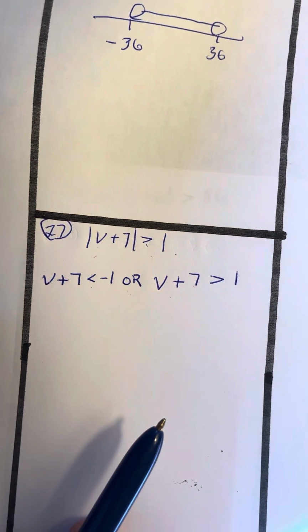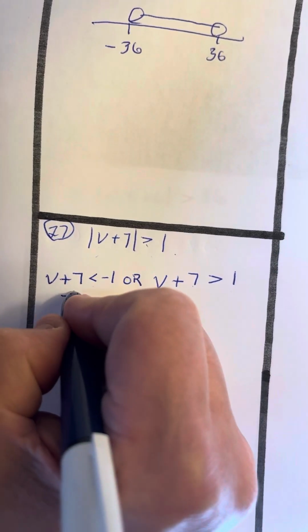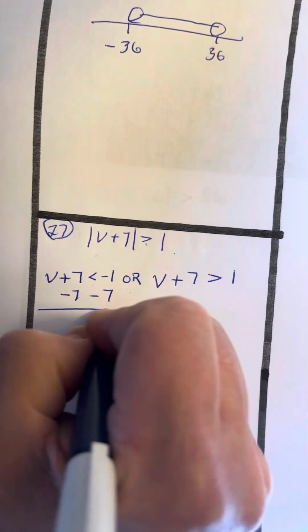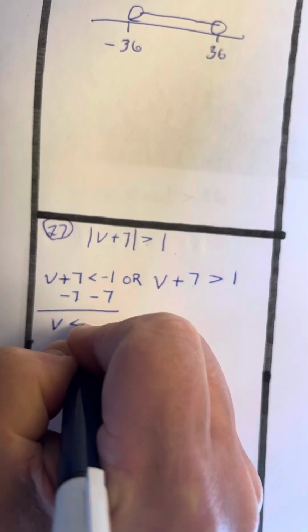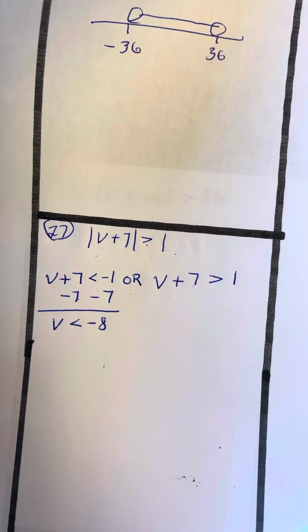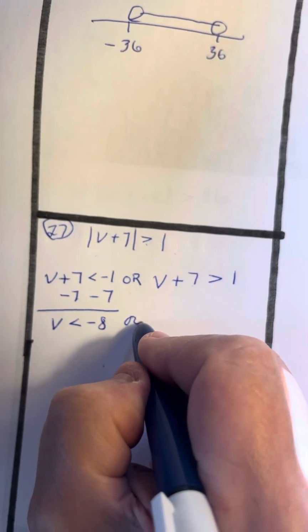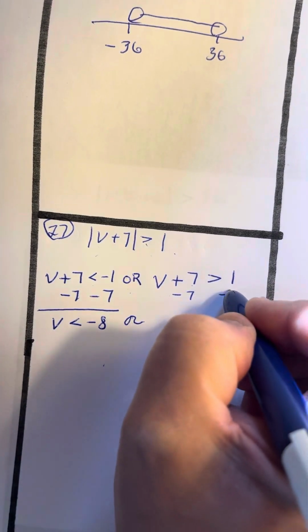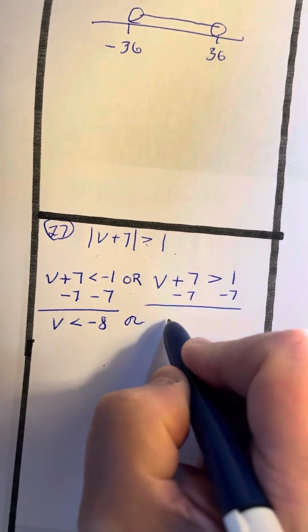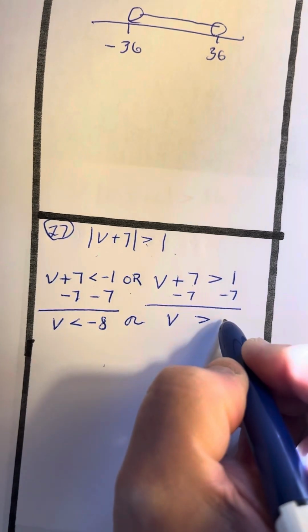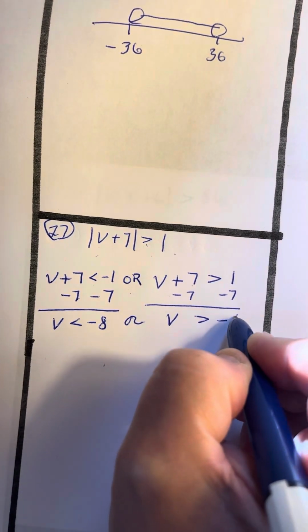All right, now we solve these two equations. Let's get the V alone. V is less than negative 8, or V is greater than negative 6.